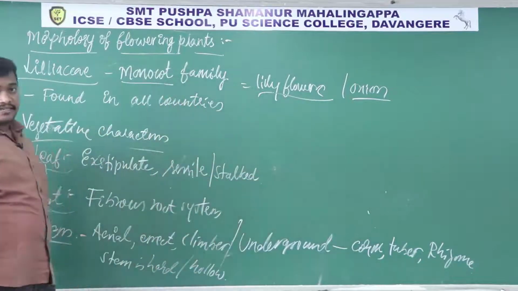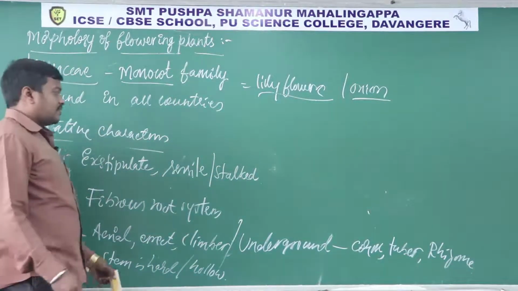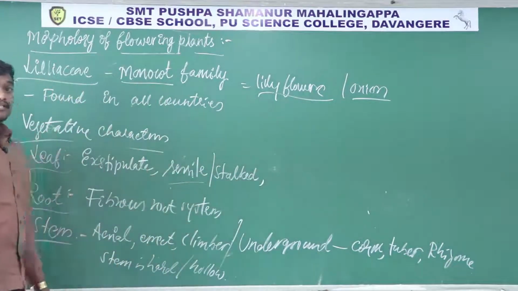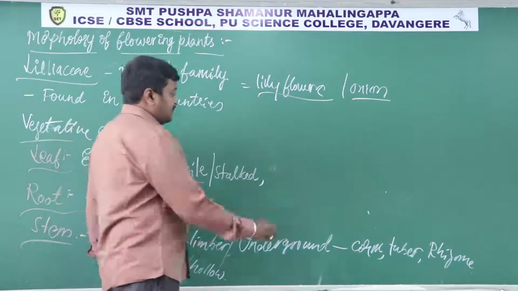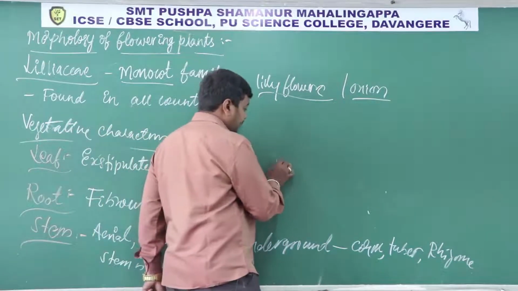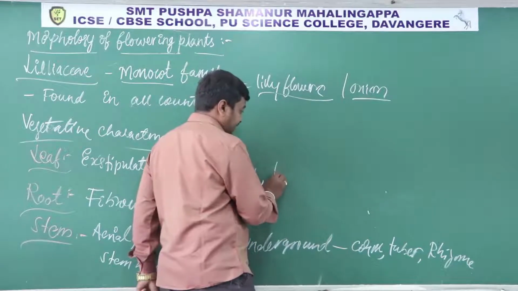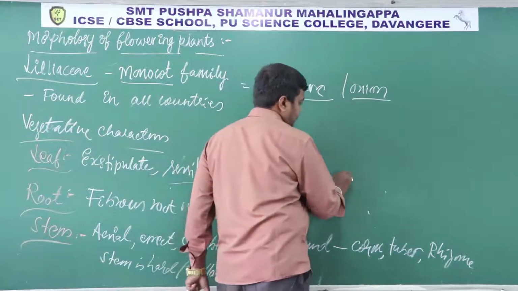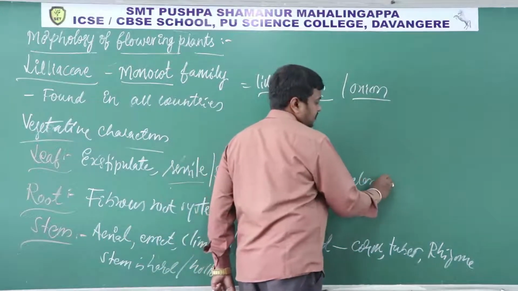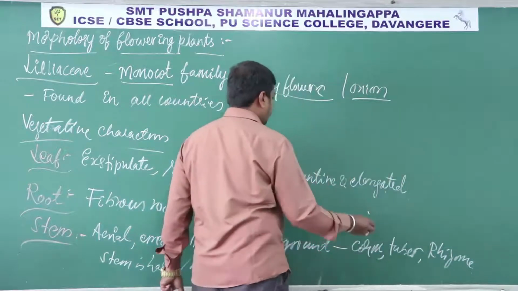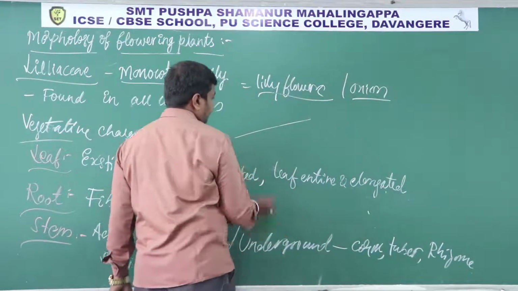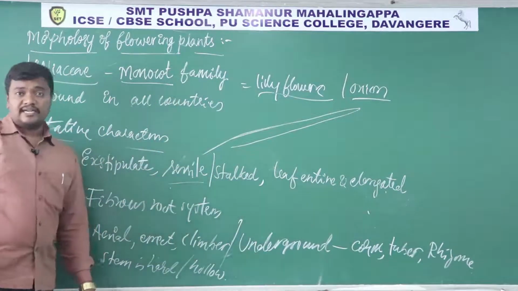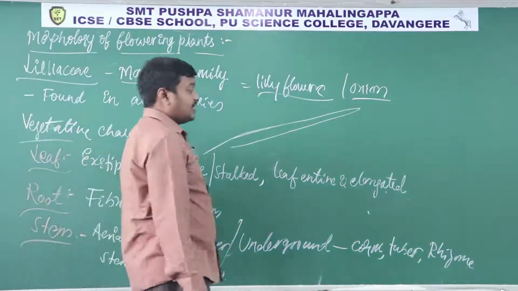Most of the time they have sessile leaves. The leaves are entire and elongated, meaning the margin is entire and the leaves are long.